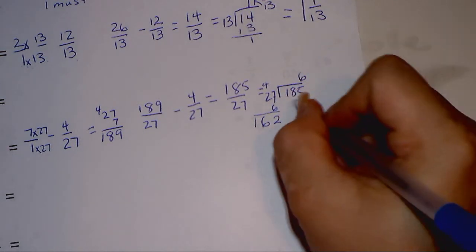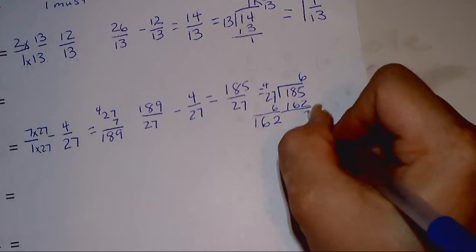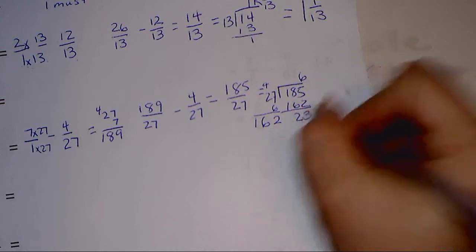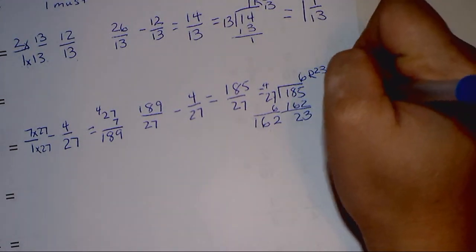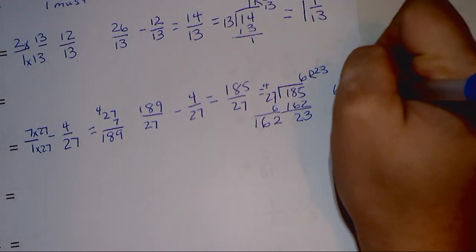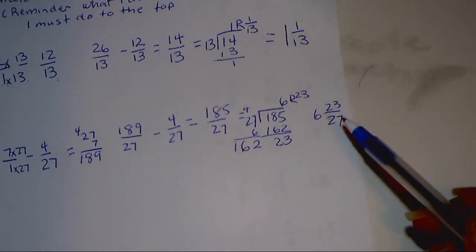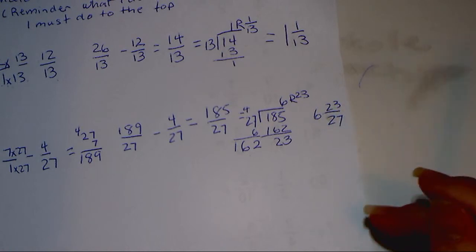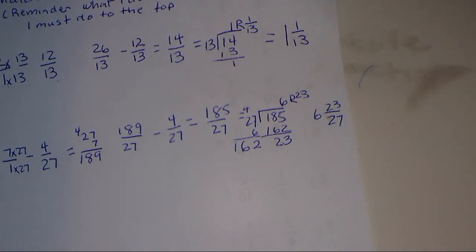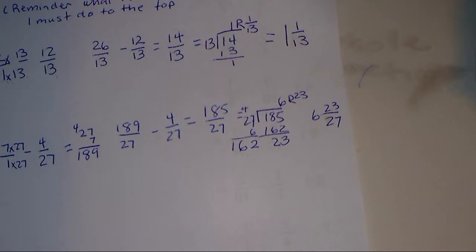So let's try this: 162. The remainder is 23. So 6 and 23 over 27. Most of the time I would try to look for whether I can reduce it, but I know that 23 is a prime number, so I don't need to. But most of the time, you would try at least to divide it by 2 and 3, see if you can get a number out.